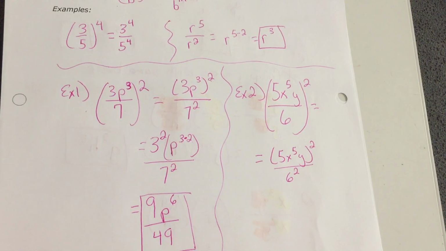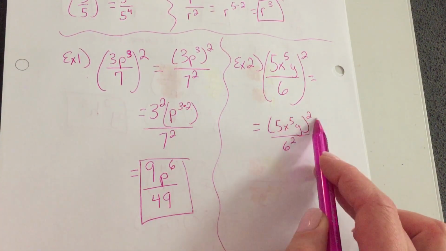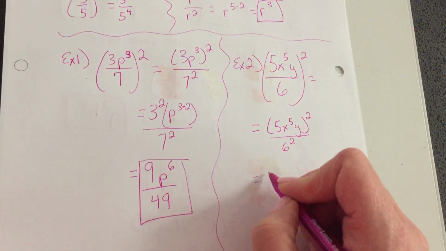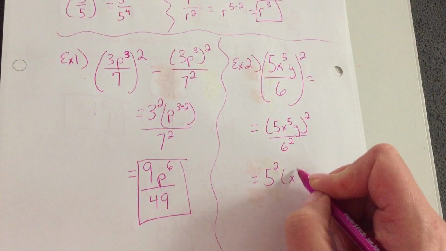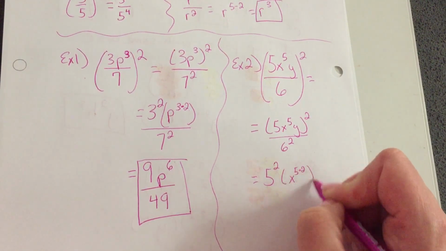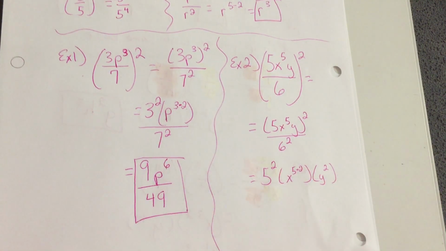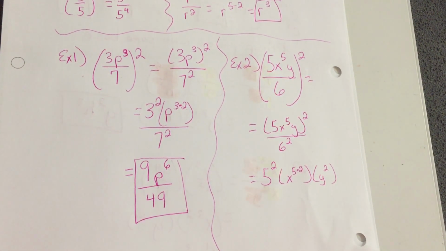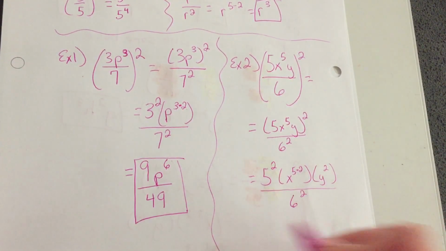So now I have an exponent on the outside. What do I do with this exponent? We're going to distribute it. So we have 5 squared, and then you have x, 5 times 2, and then you have y, 1 times 2 is 2, so you can just write it down, all over 6 squared.